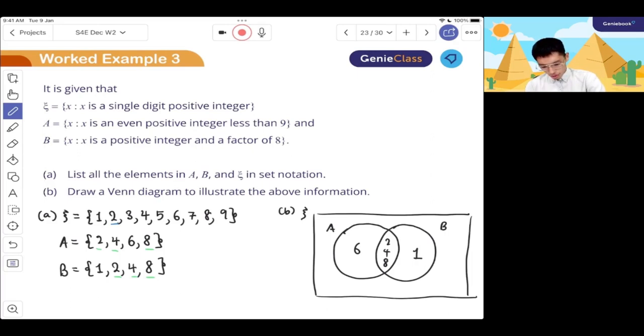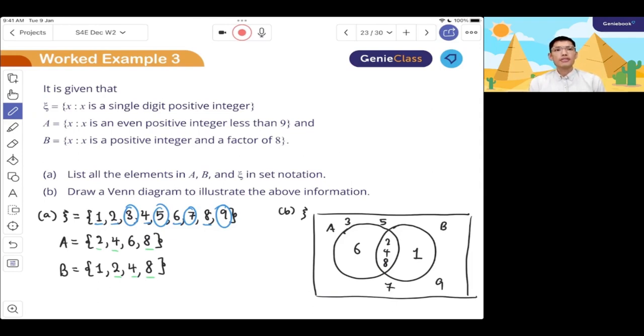So 2, 4, 8, and in this case, 2, 4, 8. Otherwise, we have 6 and then 1 as well. So we still need 3, 5, 7, and 9, which will be written outside of this particular set. So 3, 5, 7, 9, that's how we write it over here.